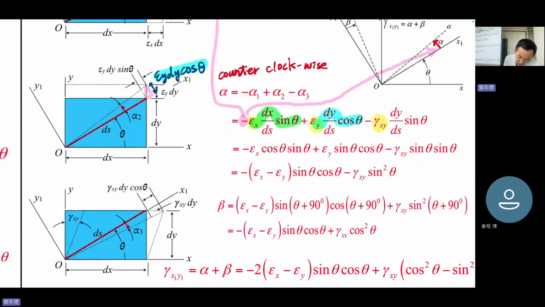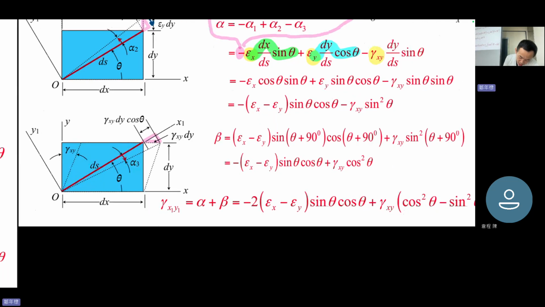Finally, very similar to what we learned before. If we have the gamma xy, you will make this point to here, and you will make this line rotate about this angle. And this angle needs this length. This length is gamma xy dy sine theta.